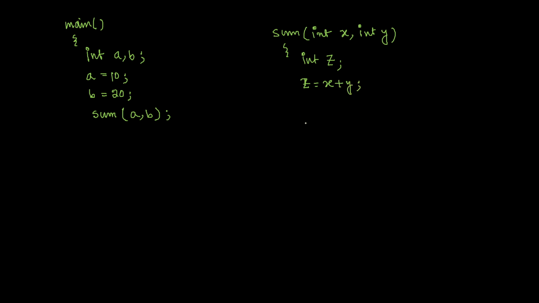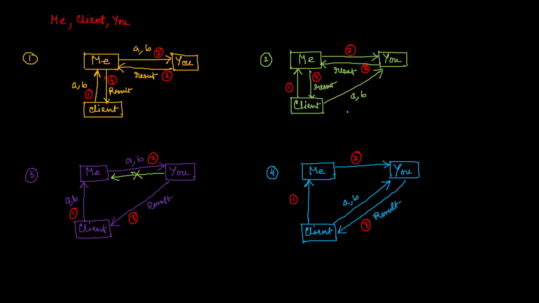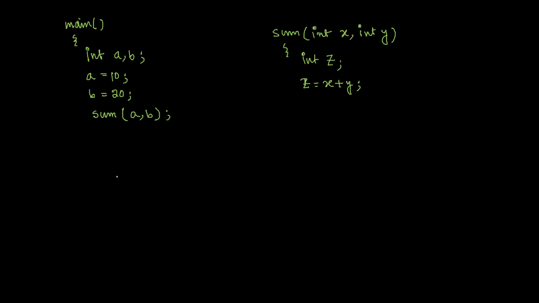Now, are you going to write a return statement here? In case number 3, you are not going to return the result to me, so you don't need to write a return statement. You will simply write the print statement, which will show the result to the client. Since you are not going to return anything to main, you should not write something equal to either. Only the function call, starting with the function name, and nothing to print after this.